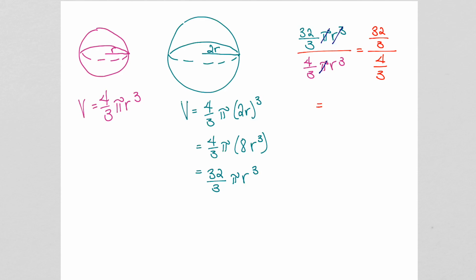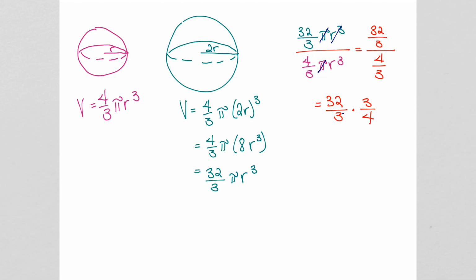To divide fractions, we flip the second one and multiply. So you can see our 3's go away. And we're just left with 32 divided by 4. Well, 32 divided by 4 is 8. So it looks like the second one will be 8 times as large, which definitely satisfies the 5 times as large qualification.